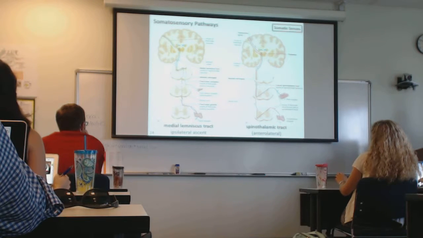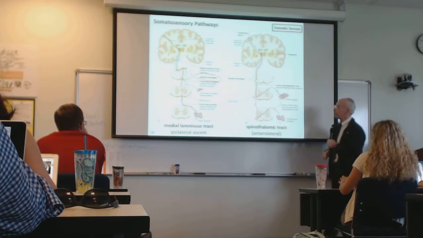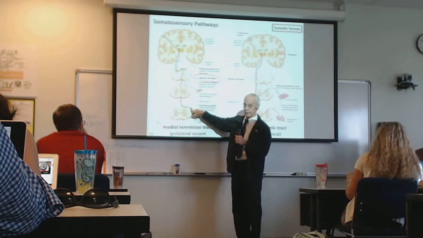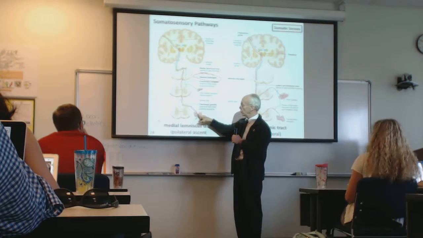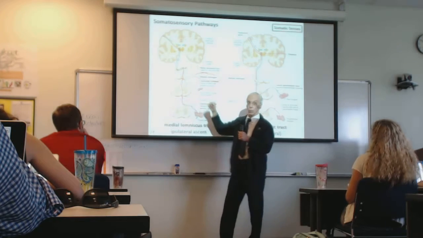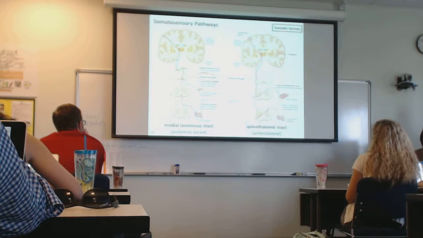It ascends ipsilaterally. And notice where we are now. We're already in the brainstem, we're already in the medulla. So this neuron has axons that extend all the way from the skin to the brainstem, one neuron. And notice also in this system the ascent of information.